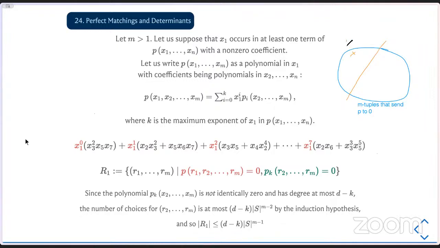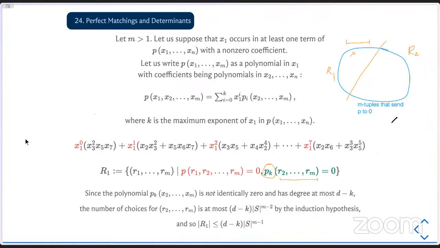One is where you look at the last m minus 1 coordinates and plug them into pk, which is a polynomial in m minus 1 variables. If those last m minus 1 coordinates send pk to 0, then my overall tuple is an R1. Whereas if they don't send pk to 0, then my tuple is an R2.